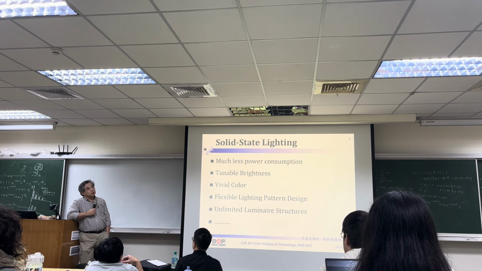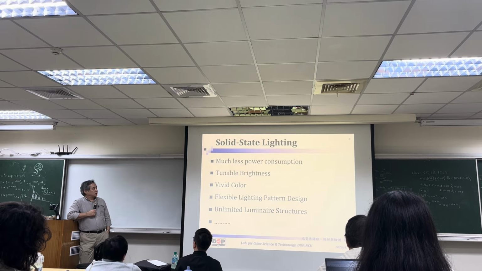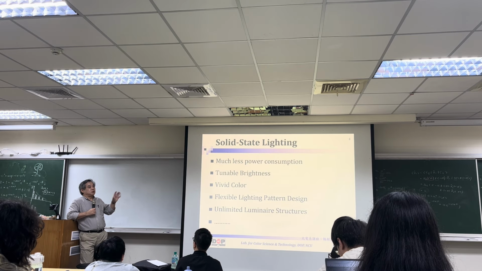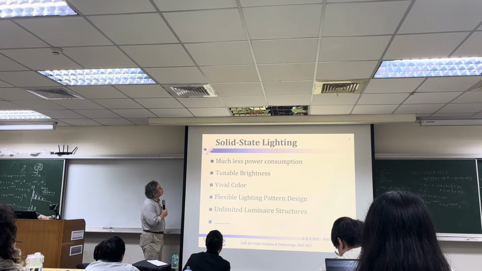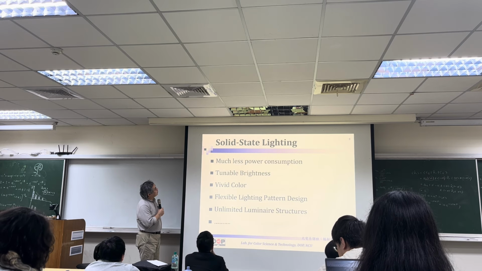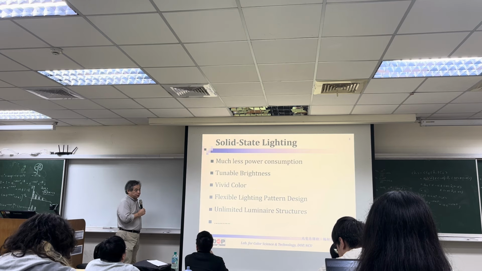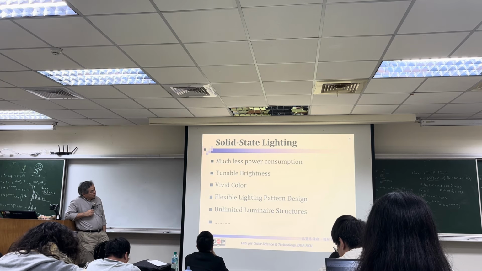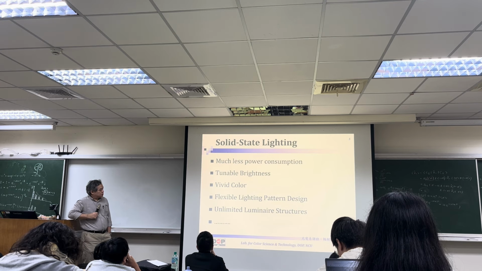For example, the torch or the gas lamp, the brightness is not stable, so you usually see the flame flicker. And for solid state lighting, the emission spectrum bandwidth is much narrower as compared to the conventional light source.